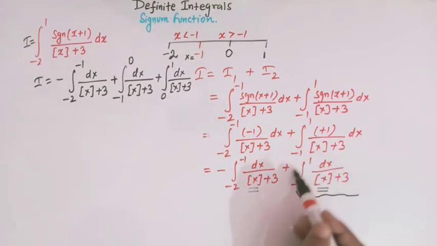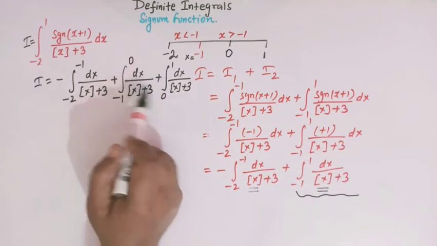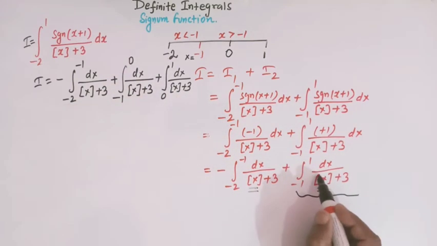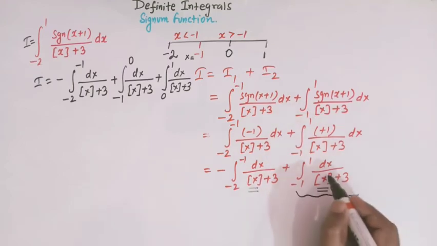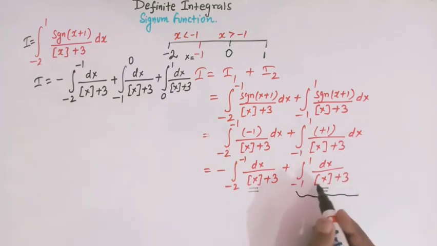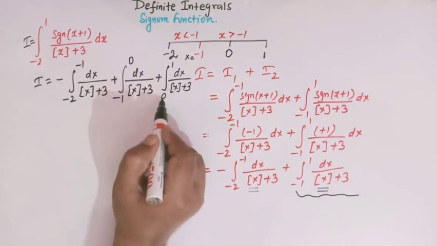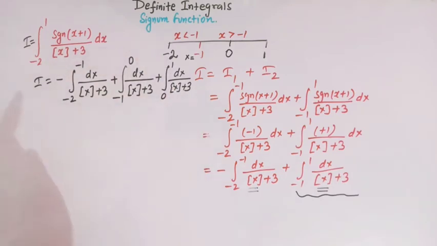So we have to split this integral as a sum of two integrals by virtue of the appearance of this greatest integer function, right? So we split this integral as minus 1 to 0, and then from 0 to 1, right?